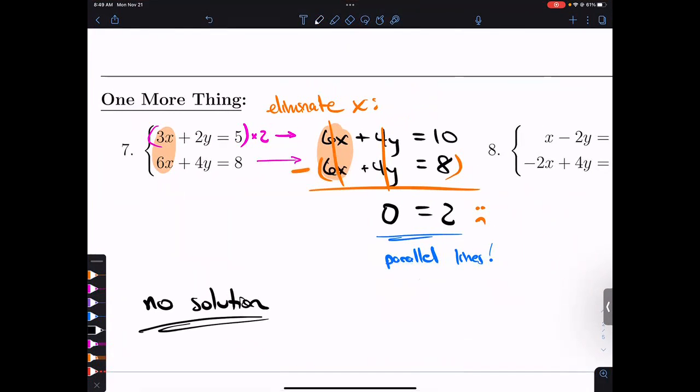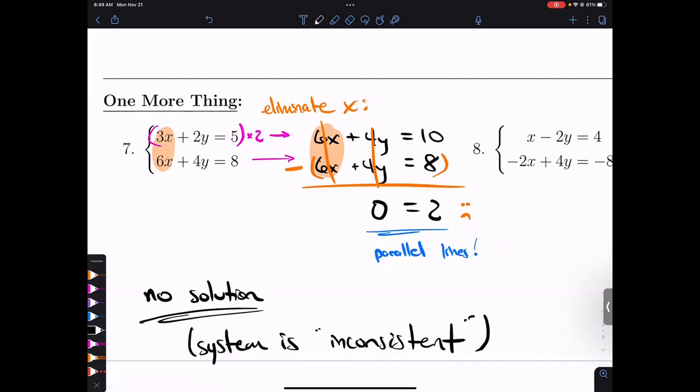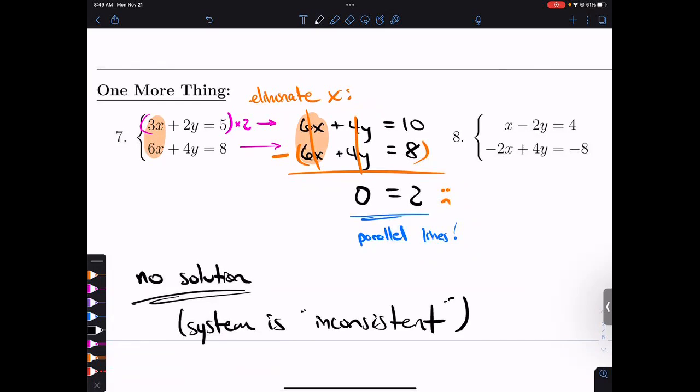Sometimes that's called a system that's inconsistent. I can't actually remember if you see that phrasing in the homework anywhere.